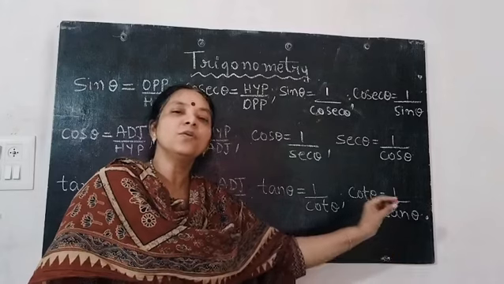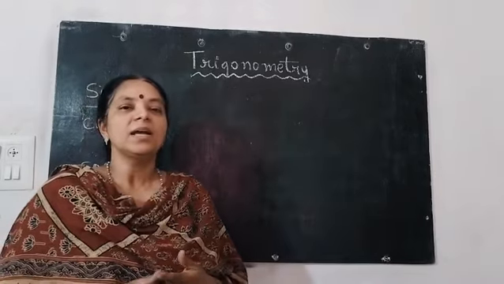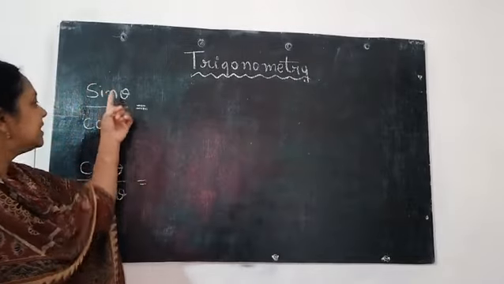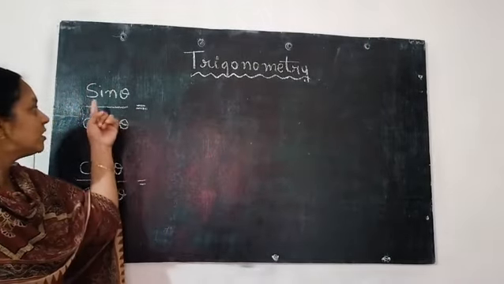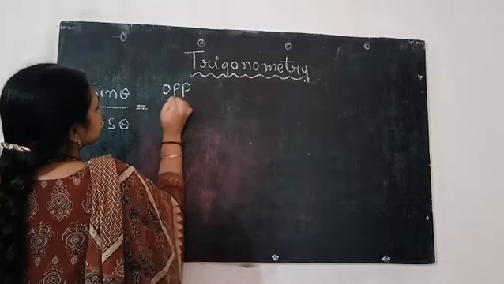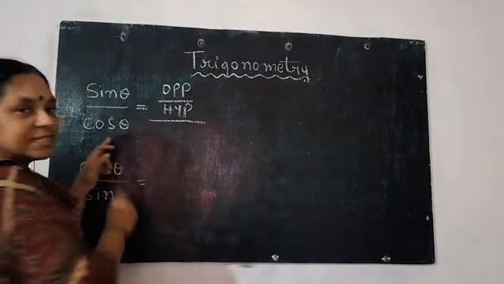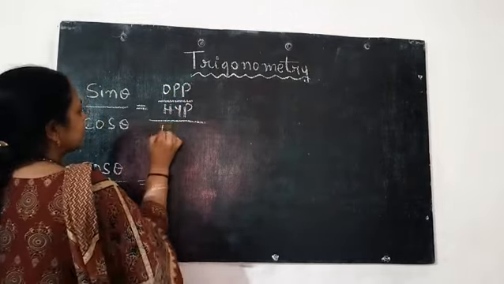So we have a few more relations. Let us understand what sin theta by cos theta becomes. We already know sin theta is opposite by hypotenuse and cos theta is adjacent by hypotenuse.